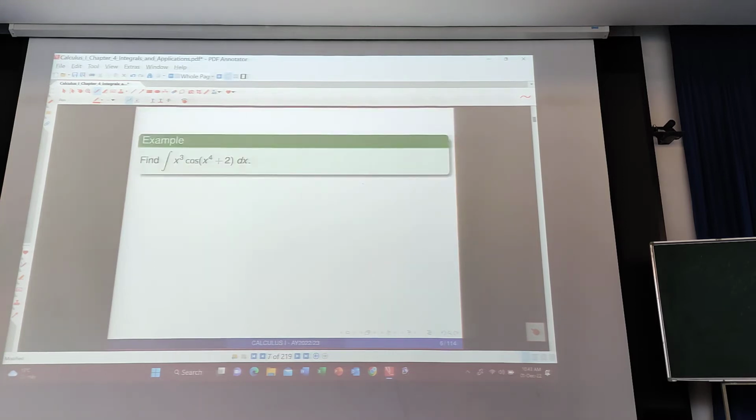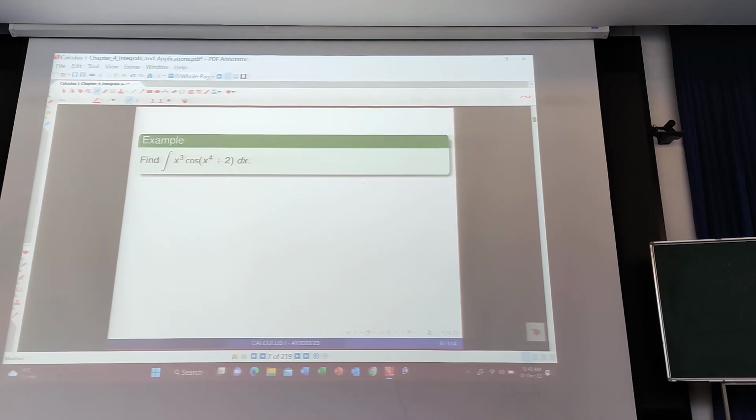So, for example, if you have x cubic cosine of x⁴ plus 2, not easy. Not easy at all, because this is a product of x cubic and cosine.